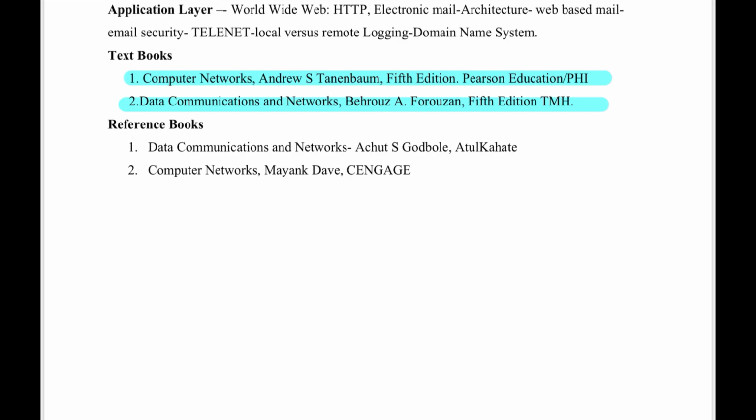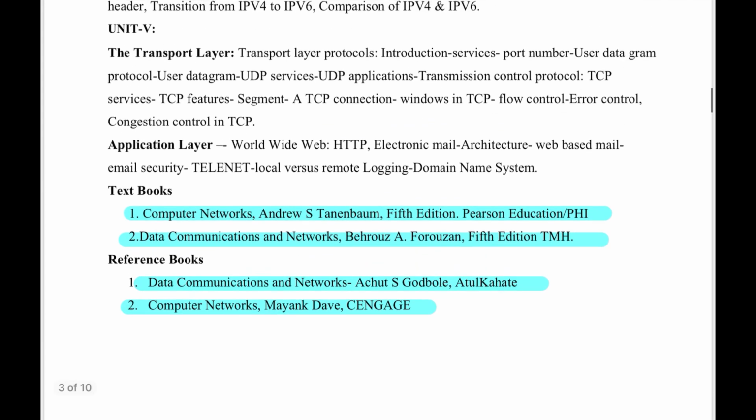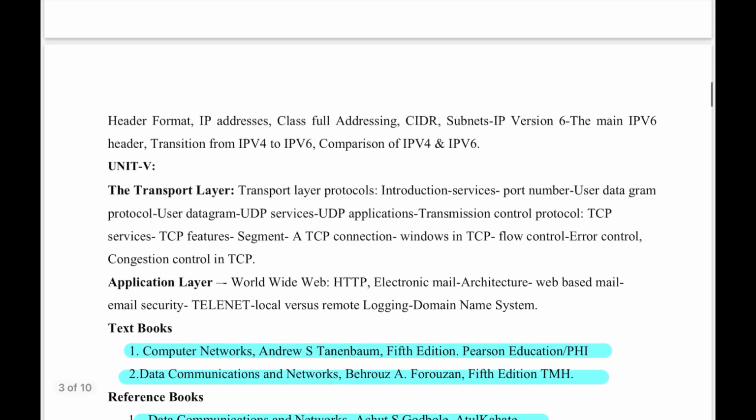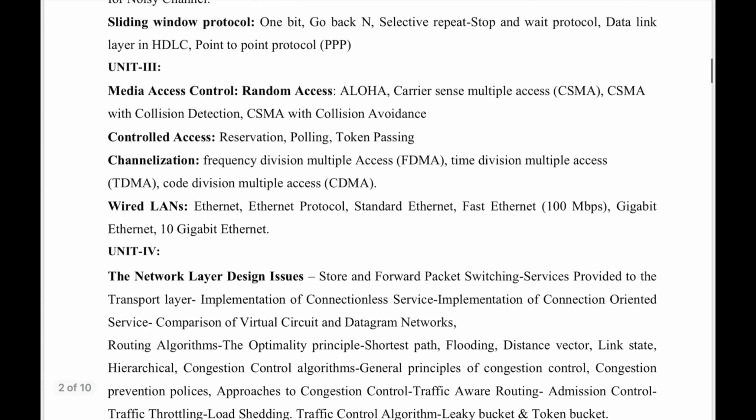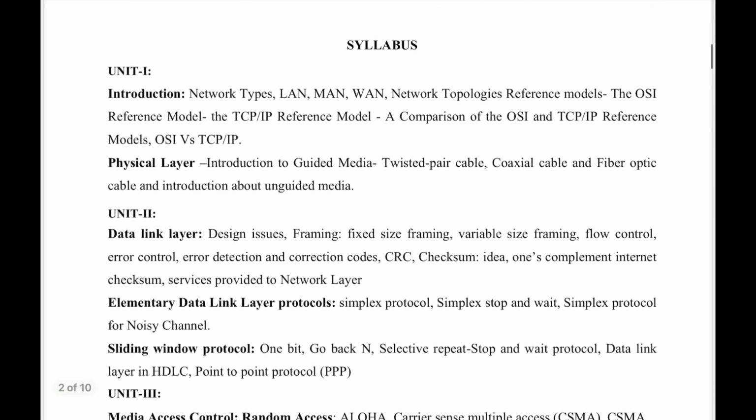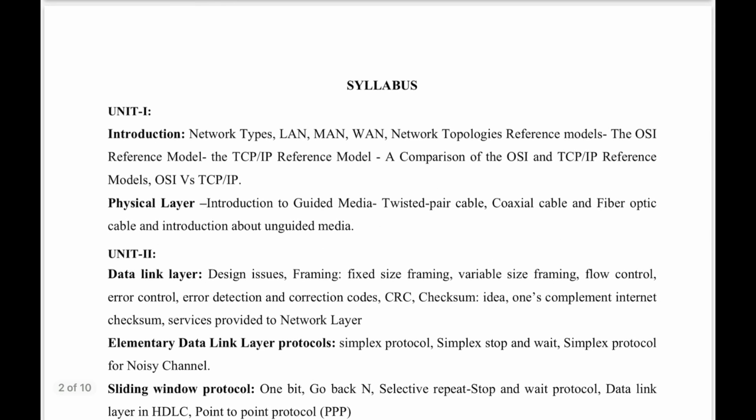And the reference books are data communications and networks, Godbole, and computer networks, Mayank Dev, Cengage Publications. Let us try to have an overview of each unit. And now we will start with unit 1.